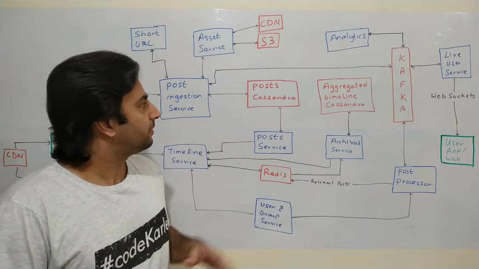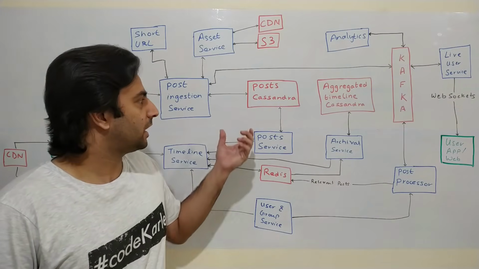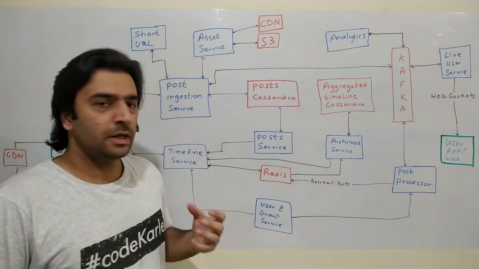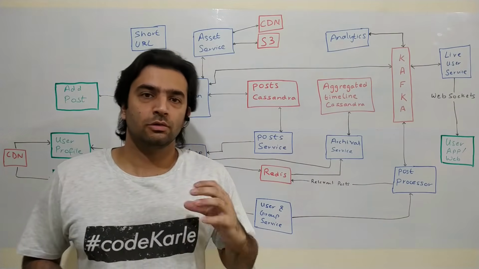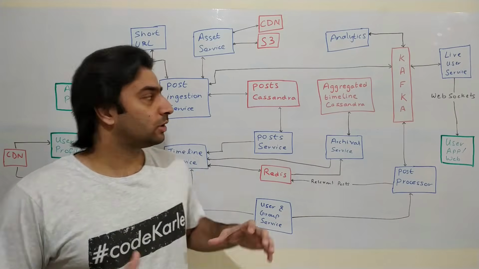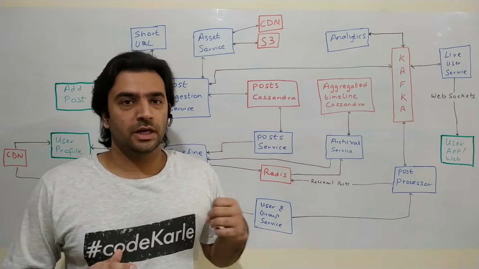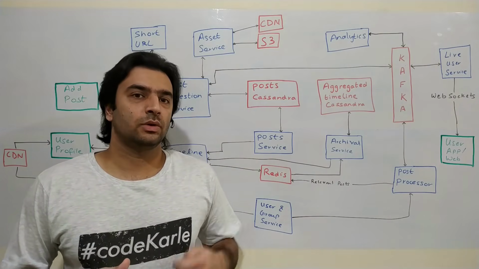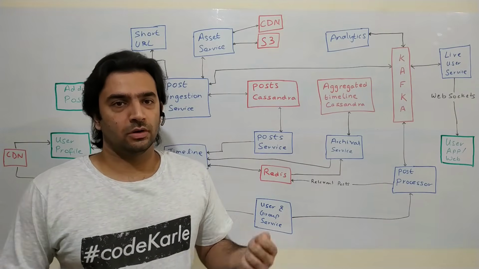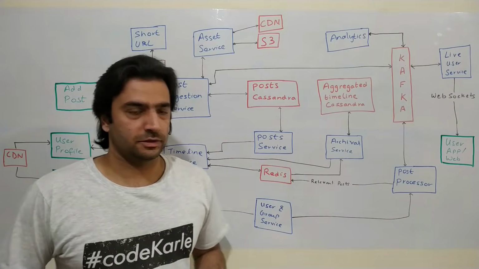Once a particular post has come in and been saved into Cassandra, there is a service called post service. This post service is the source of truth and the owner of post information. It provides APIs to everybody else to access a particular post. If you want to get a post by ID or get a lot of posts by a lot of IDs, all of those APIs are provided by post service.